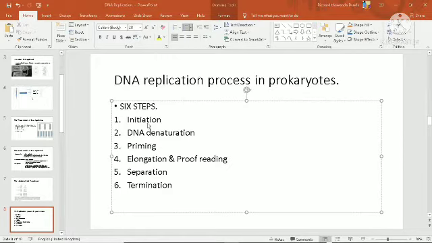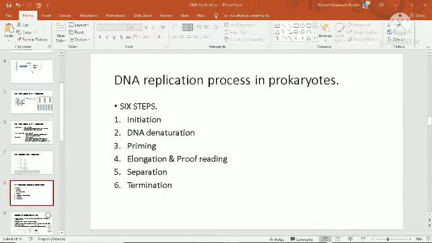The 6 steps can be thought of as being initiation, then DNA denaturation, priming, then elongation and proofreading. Then you have separation of the synthesized strands, and then you have termination of the whole replication process.